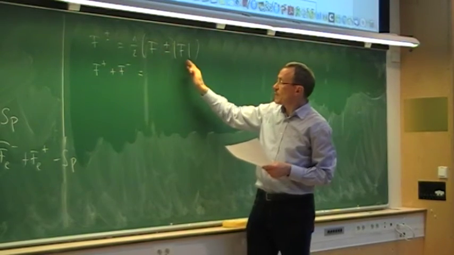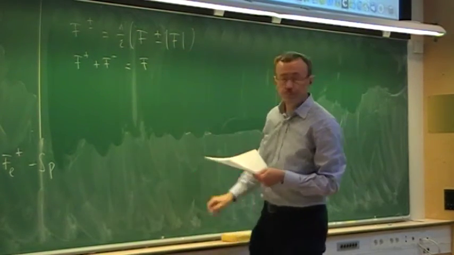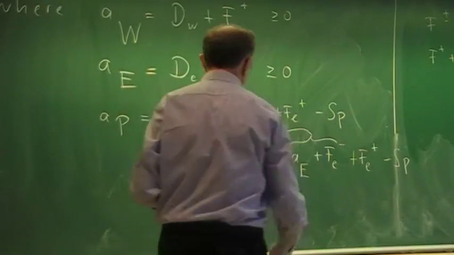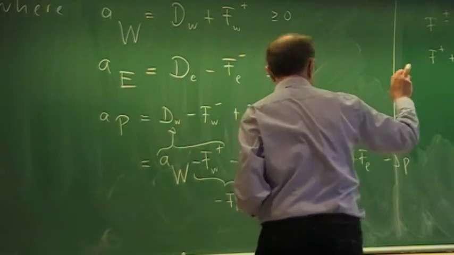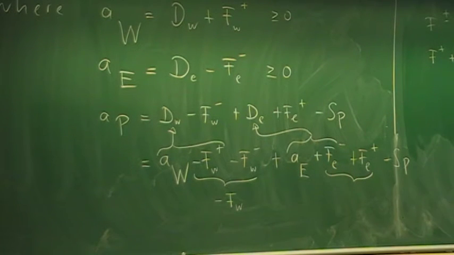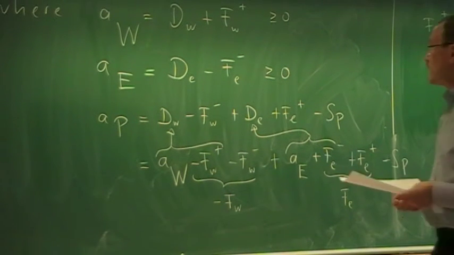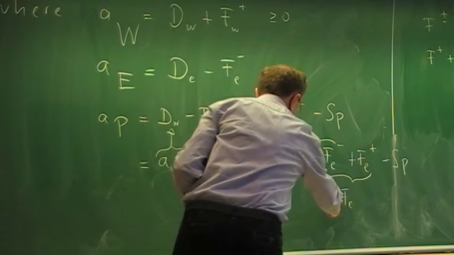We get 1/2 of this plus the same thing with the minus, so the modulus cancels and we get F. And we can use that now, because we have F plus and minus with negative, so we have minus FW using this. And here we have FE minus plus FE plus, that is just FE. So then we are in business, because we see that we have AW, AE, and these FE terms.